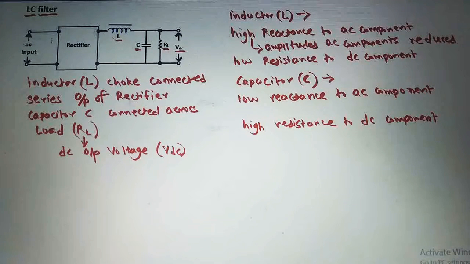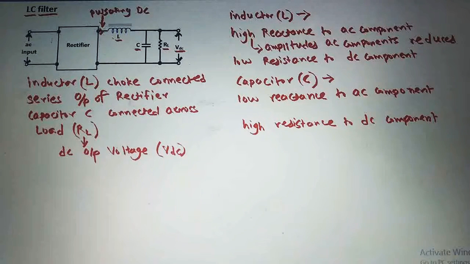Now see in this circuit diagram, the output of the rectifier is given to this inductor which is in series with the output of rectifier. This output of rectifier is a pulsating DC. That means it has an amount of ripples in DC, that means the amount of AC component in DC. That's why the output of rectifier is pulsating DC.